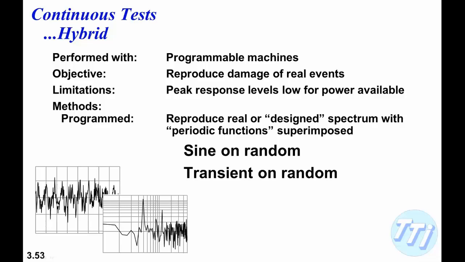Here's a time history of sine on random, and what we're seeing here is that we've got random with a sinusoidal bang in it at this particular frequency, and it's hard to tell whether this is a different sinusoid or whether it's a piece of random that just happened to be that high at the time. But this is a good simulation of helicopter behavior, where we've got a lot of sinusoidal input or sinusoids with harmonics, which this point right here may well be.